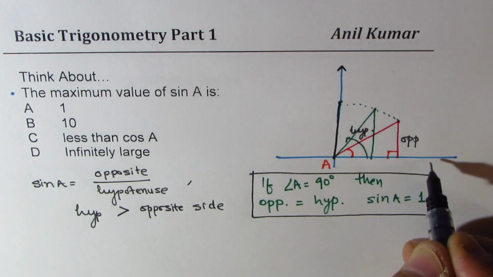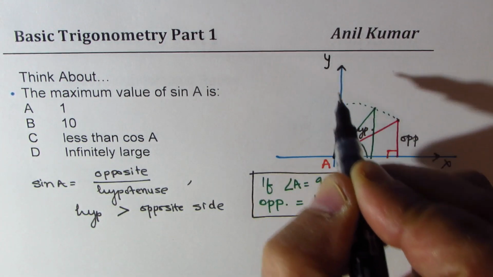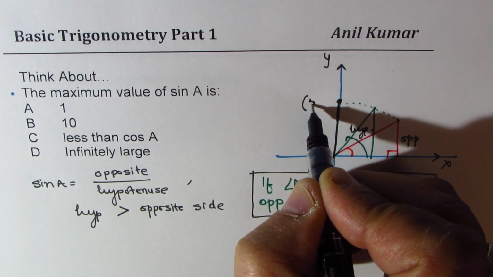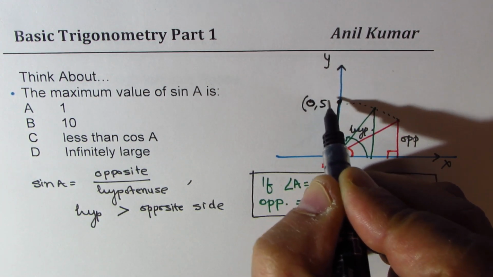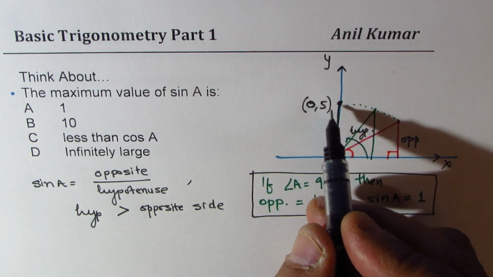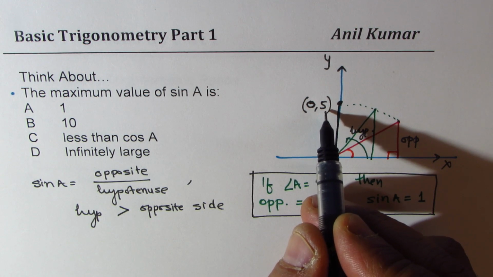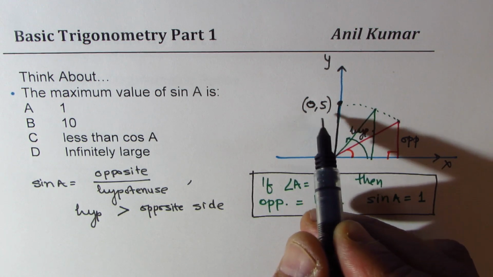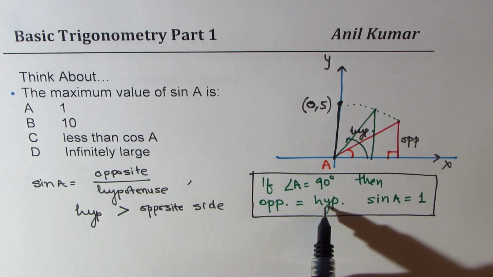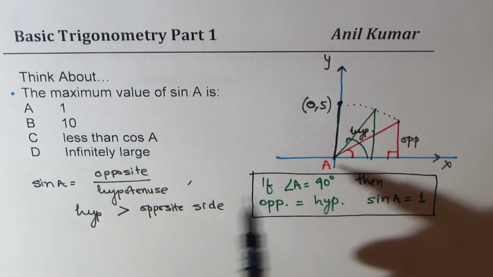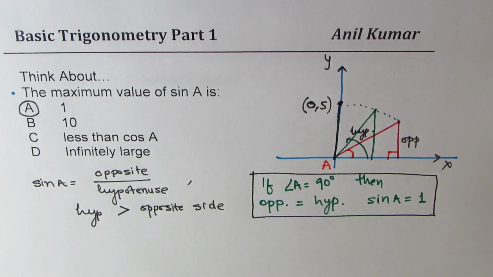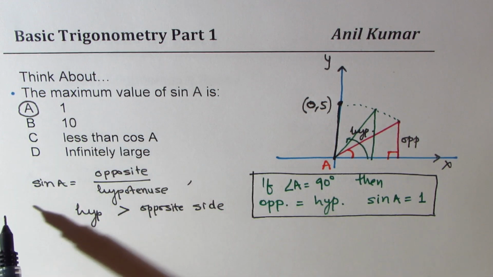Or on the xy plane, you could think about a point here whose coordinates could be, let's say, 0 and 5. For this coordinate point, the value of sine will be 1, correct? It's because in this case, the opposite side is equal to the hypotenuse. Perfect. So therefore, the maximum value of sine could be only 1. It cannot be more than 1.